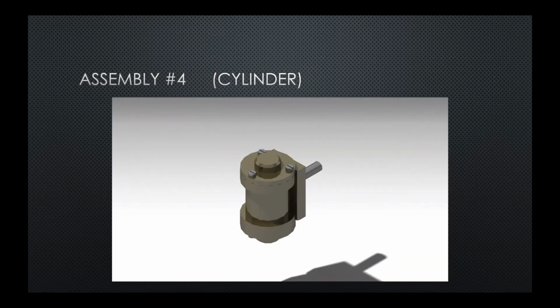And in the fourth and final assembly, we see the cylinder itself. As you can see, the cylinder is a contained pressure vessel with a hole at the bottom to allow for the piston to enter, and 2 holes on the back cover plate to allow for the inlet and outlet of steam coming from the 4 holes as seen on the frame.